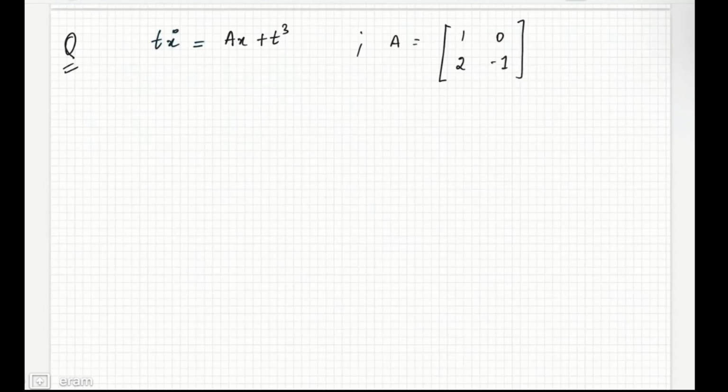Okay, so here you have a non-homogeneous system, because so for this system you have to find out the solution xt. Okay, consider the initial condition t naught is x naught.